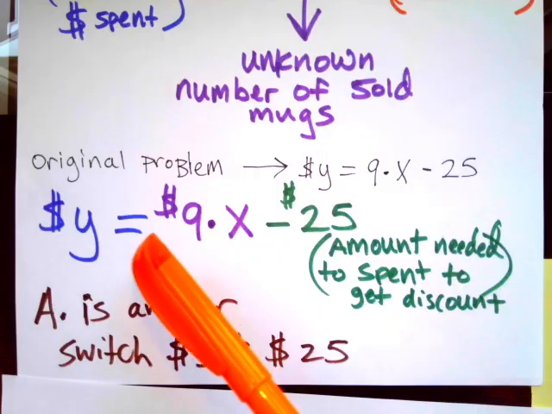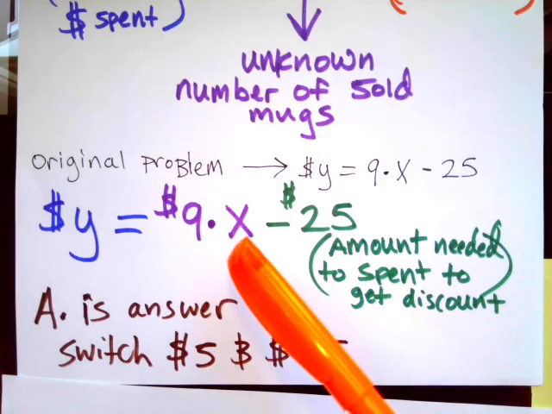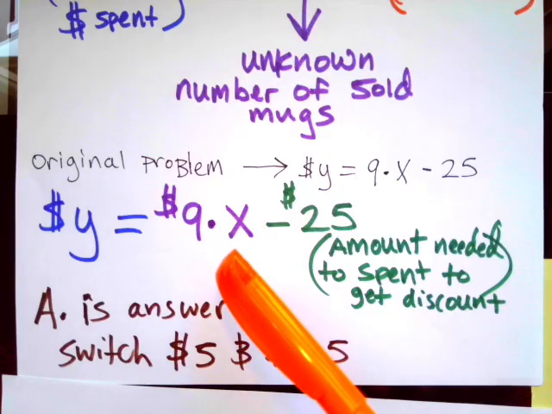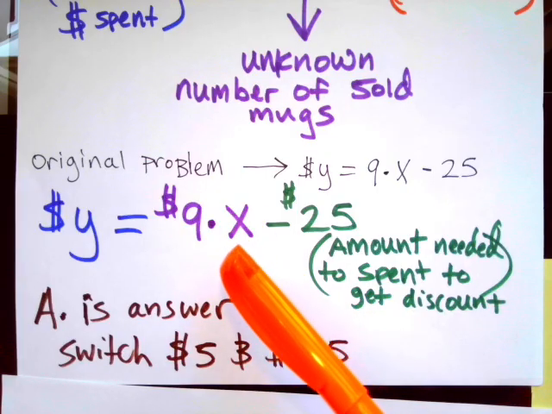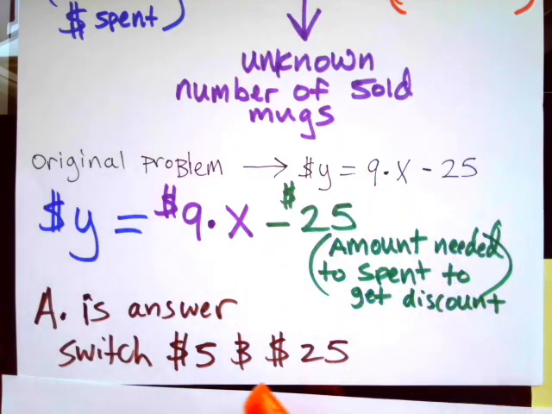Total money spent would equal $9, that's the cost per mug, times x, the number of mugs we purchased, minus not the 25, that's the minimum amount you need to spend. It would be the discount, highlighted in orange previously, which is $5.